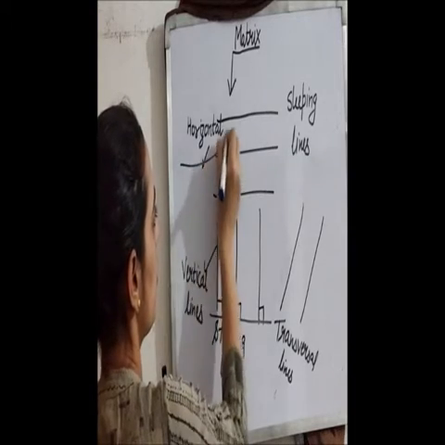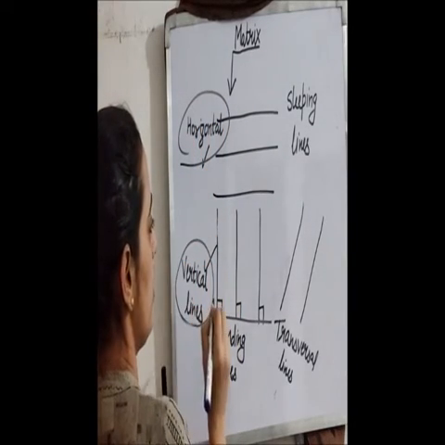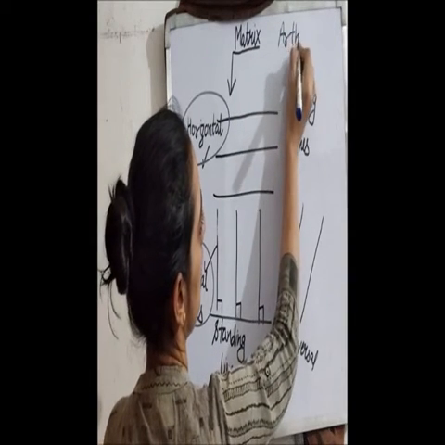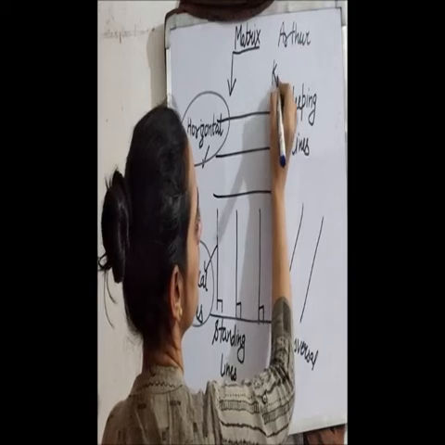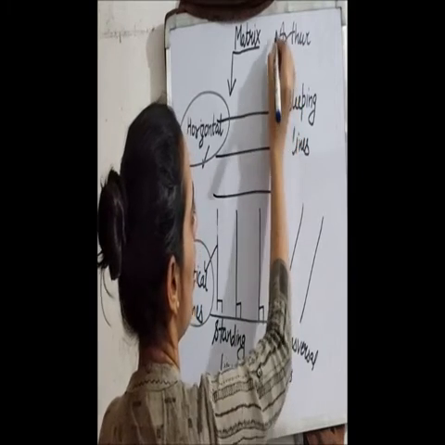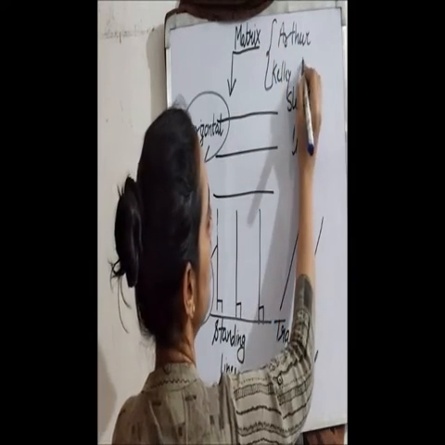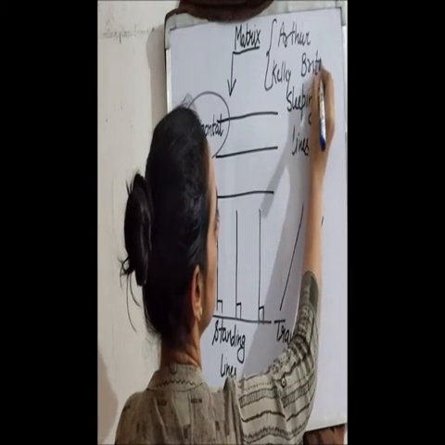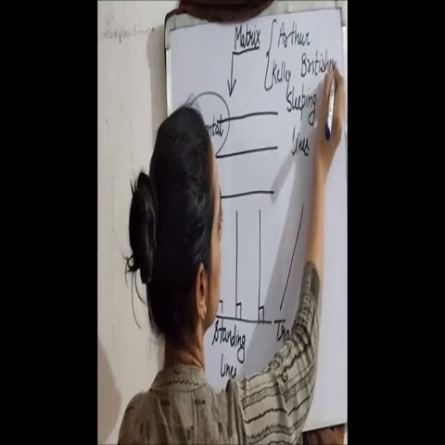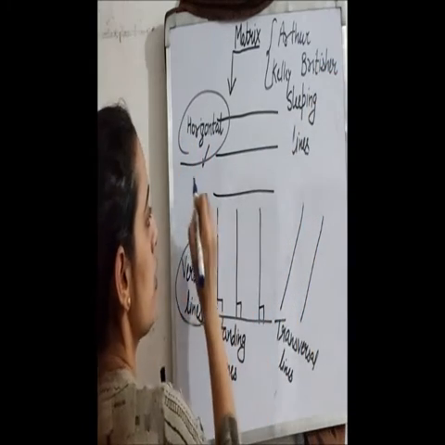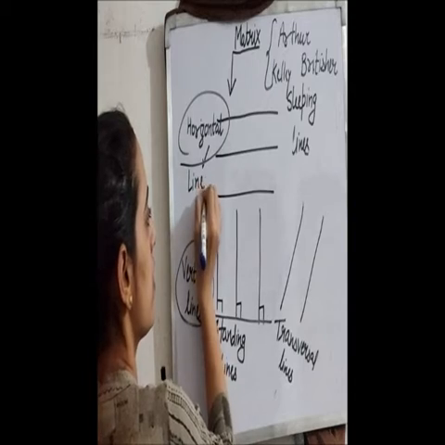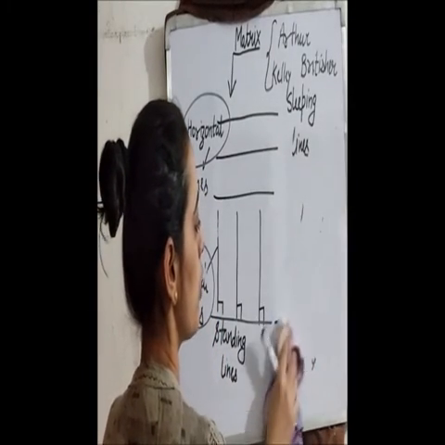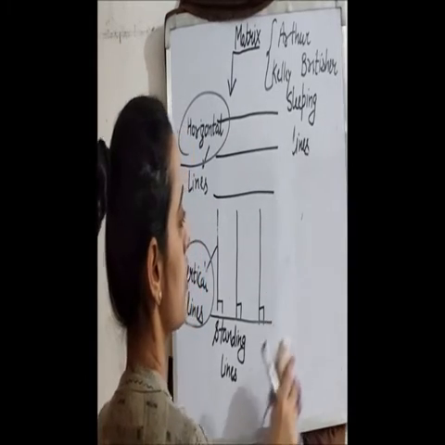Now, the horizontal and vertical lines concept was used by Arthur Cayley, a Britisher, who used applications of horizontal lines and vertical lines in the form of rows and columns.